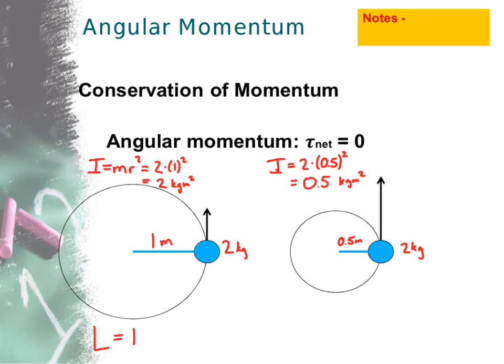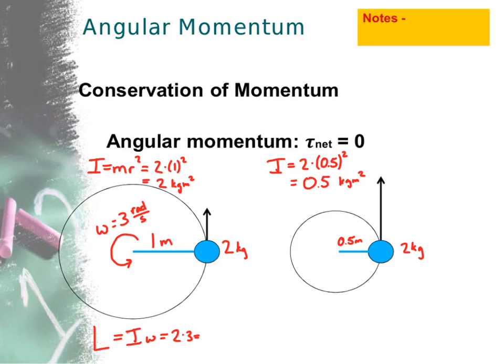So let's say we start off with an angular speed of omega equal to 3 radians per second. If we were to calculate her angular momentum, well, that's I times omega, which means it's going to be 2 kilogram meters squared times omega, which is 3, and it turns out that is going to equal 6.